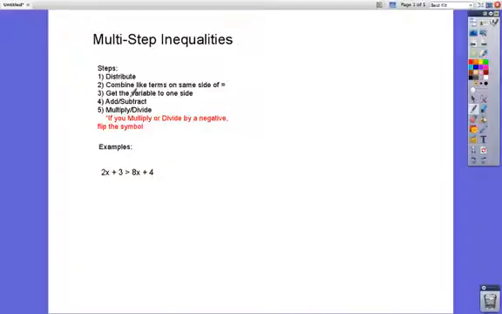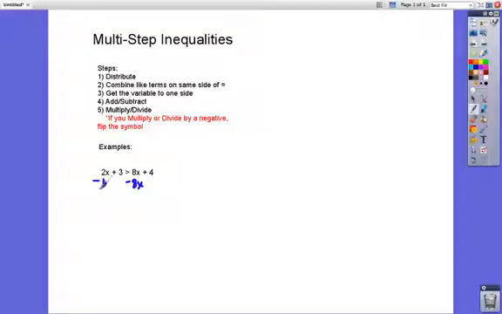So what we need to do first is get the variable to one side. And what I would suggest is always to get the variable to the left. All answers on your final are going to have the variable on the left, so you might as well just practice doing that now. To do that, we're going to subtract 8x from both sides.